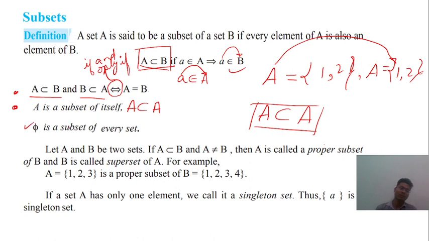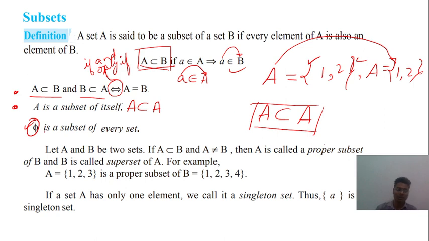Is phi a subset of every set? You know that phi means empty set. So every set has these braces, and these braces by themselves signify that it is an empty set.